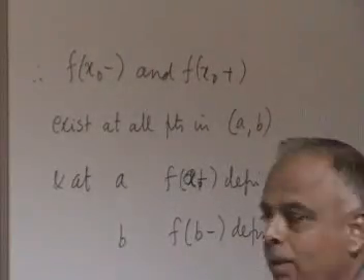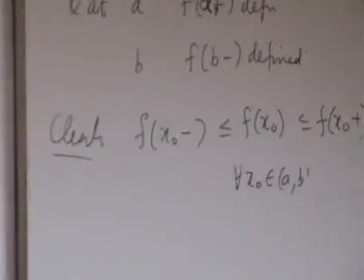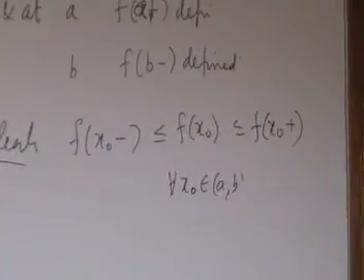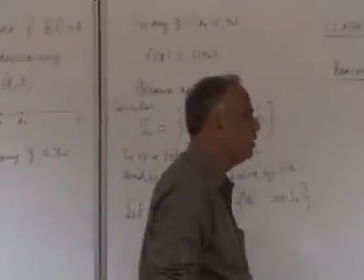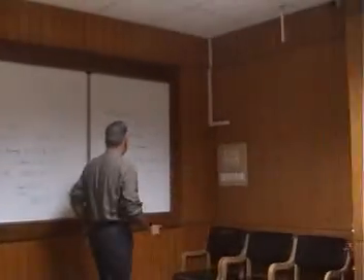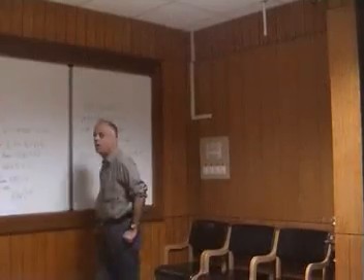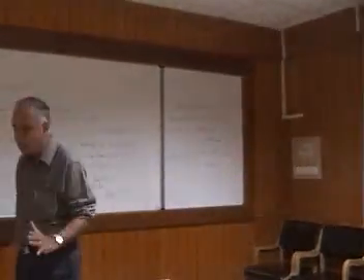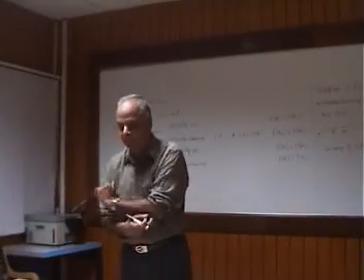The left hand limit, all these fellows are smaller than f x naught, therefore in the limit it will be less than or equal to f x naught. On the right hand side, all these fellows are greater than f x naught, and therefore the limit will also be greater than or equal. So basically, for a monotone function, both left hand and right hand limits exist at every interior point.